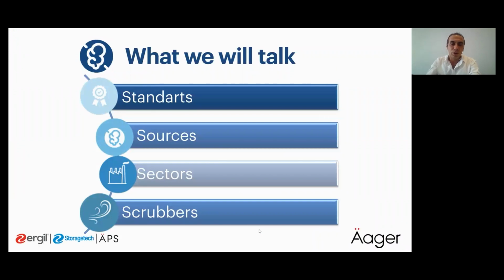What we will talk about in this webinar is the general standards about the emission control units. What are these emission sources and which sectors produce these emissions, and also how we will clean this emission with the scrubbers.